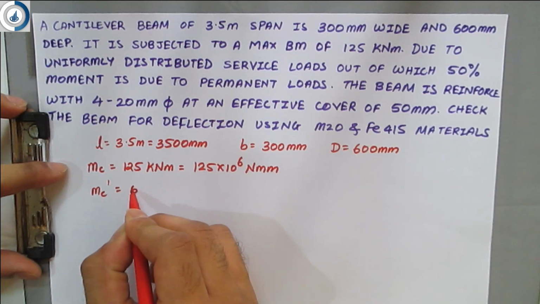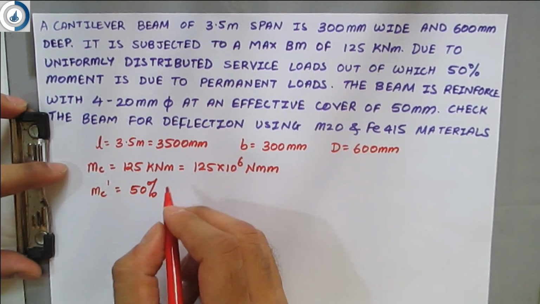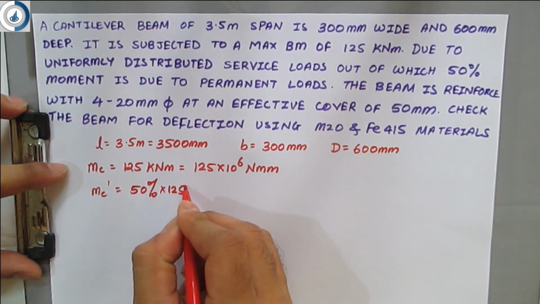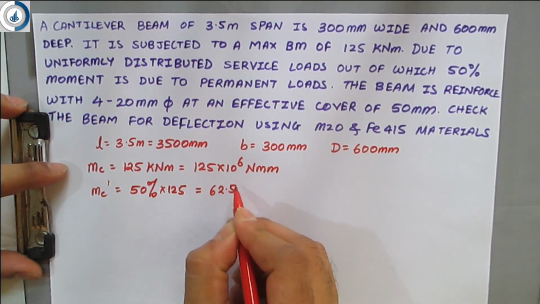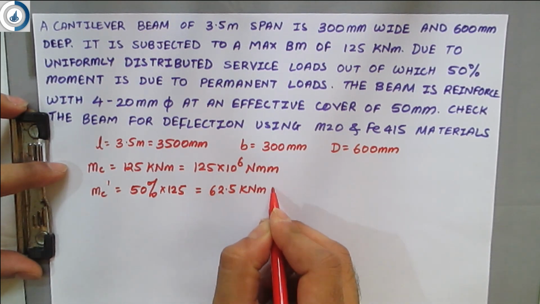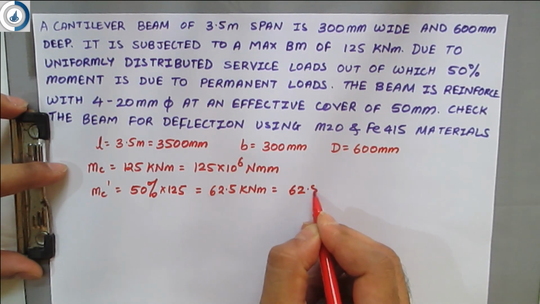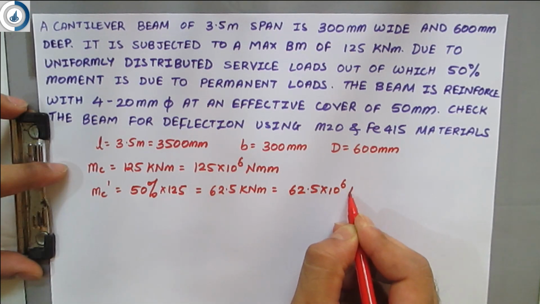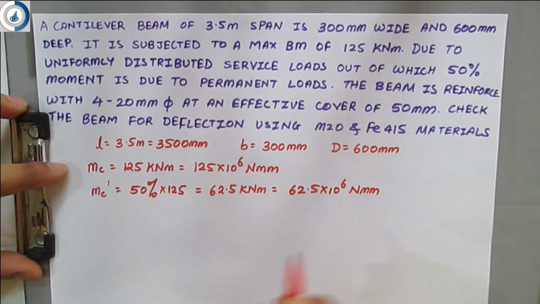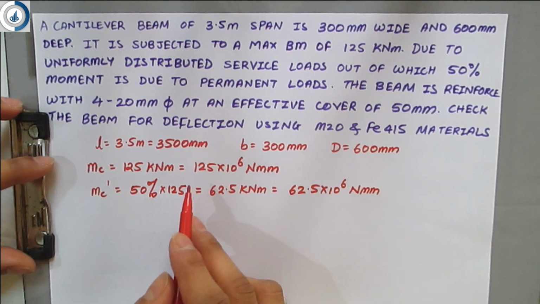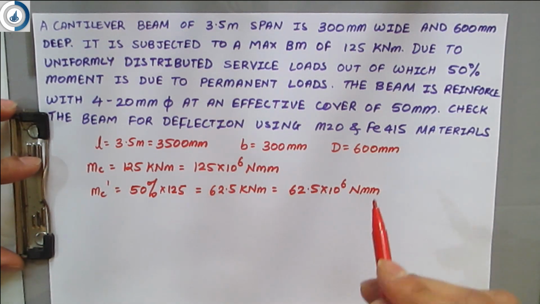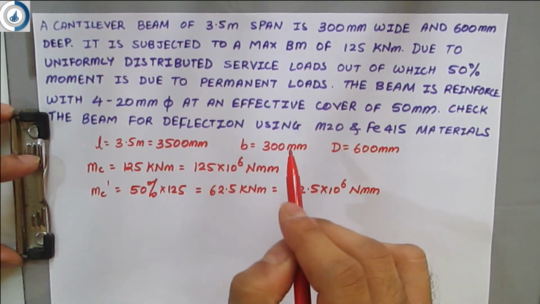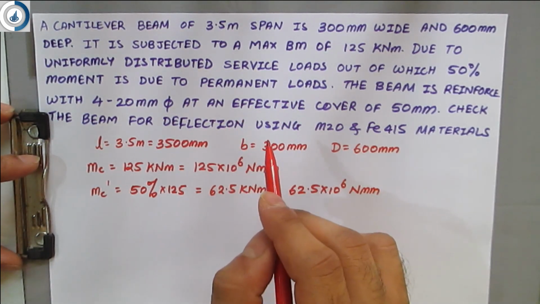It is 50% of 125, so it is nothing but 62.5 kilonewton meter, which is 62.5 into 10 raised to 6 Newton millimeter. This way you have to find out this permanent load moment. Remember here the load is not given, directly the moment is given.